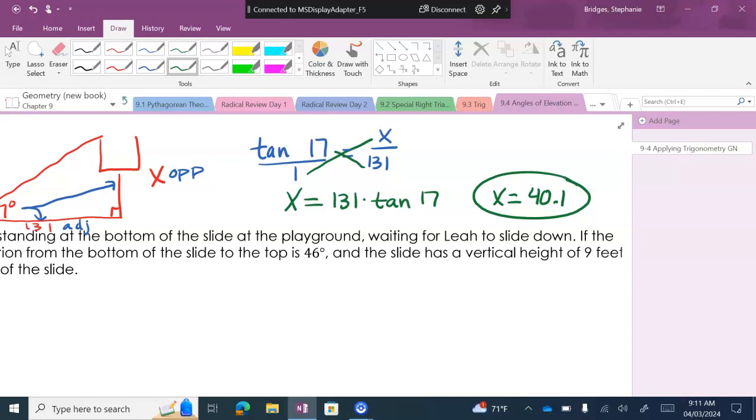So you have to hit the number first. This number times 17. Yeah, you got the whatever's next to the sine cosine. You do that first, then sine cosine.